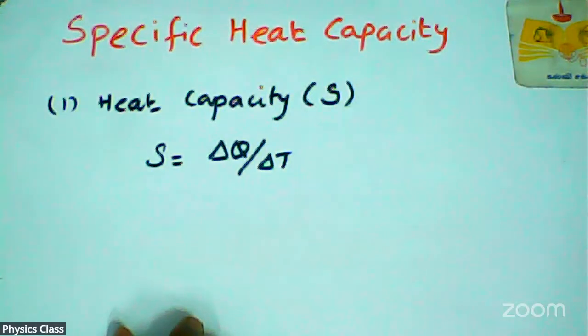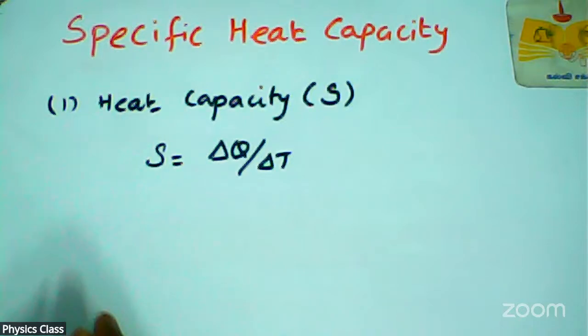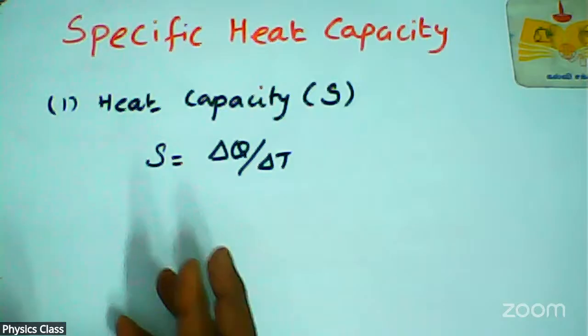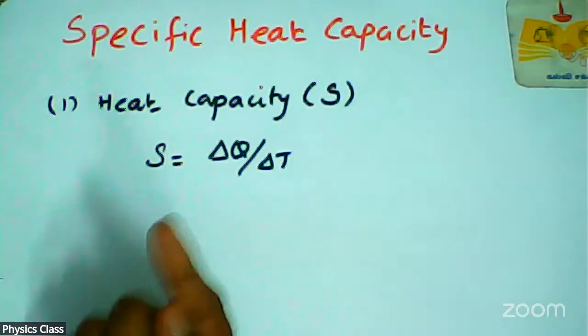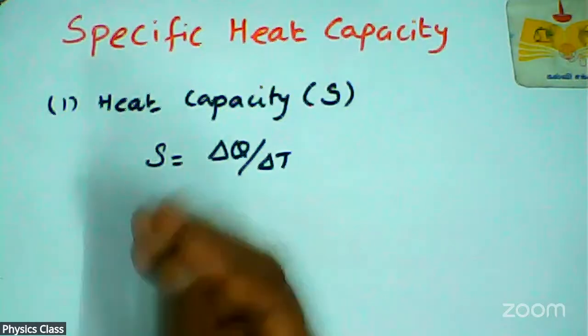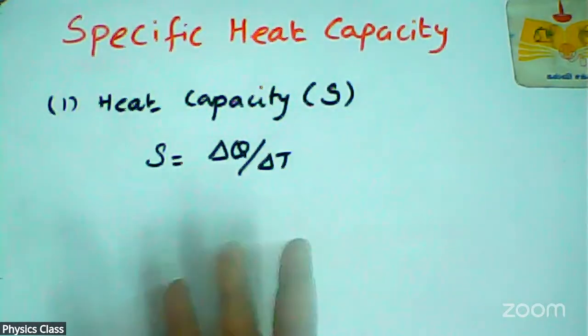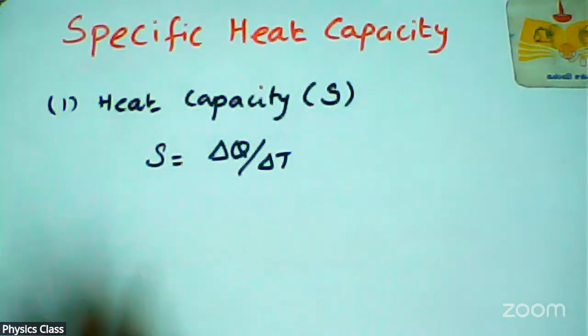So if you have any liquid or a solid, and you want to change the temperature by 1 unit, you have to give heat. That amount of heat required to change the temperature by 1 unit, for example 0 to 1, 1 to 2, 2 to 3, is the heat capacity.